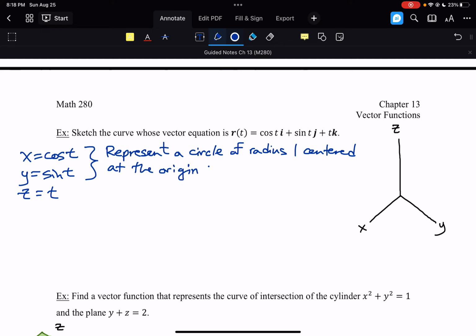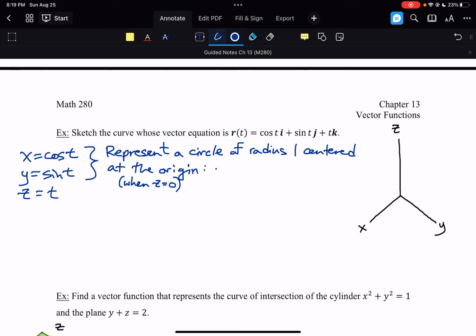In other words, it's the unit circle. I should say these represent a circle of radius 1 centered at the origin when z equals 0. That's mainly because we're working with a 2D sketch at the moment.